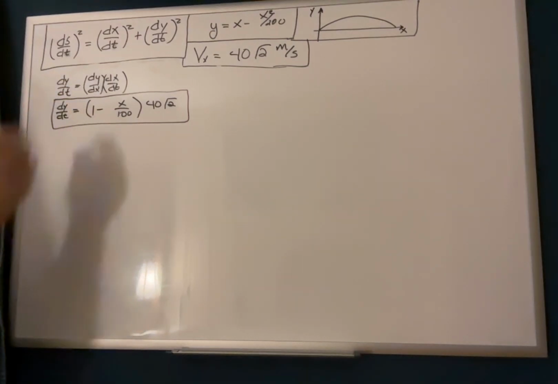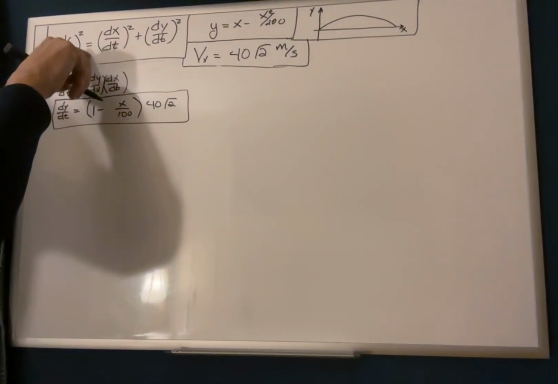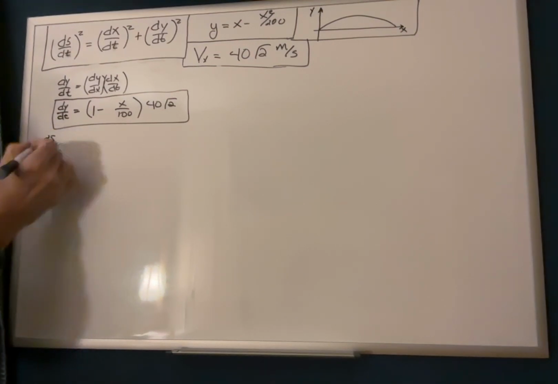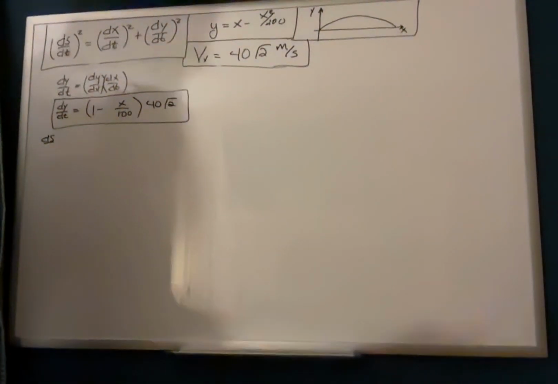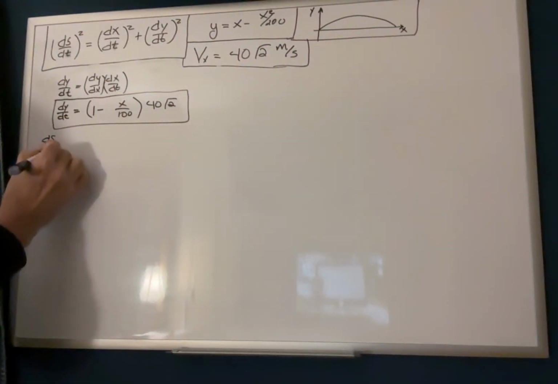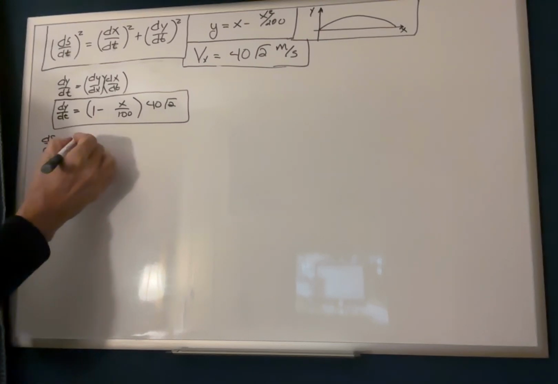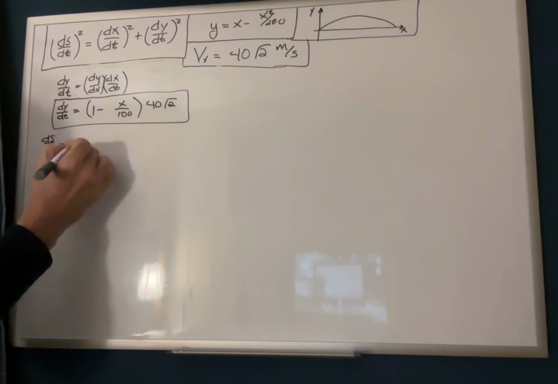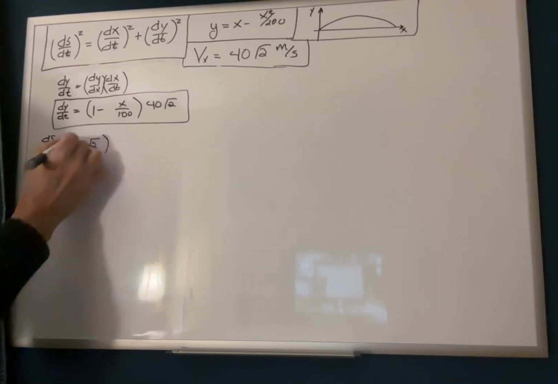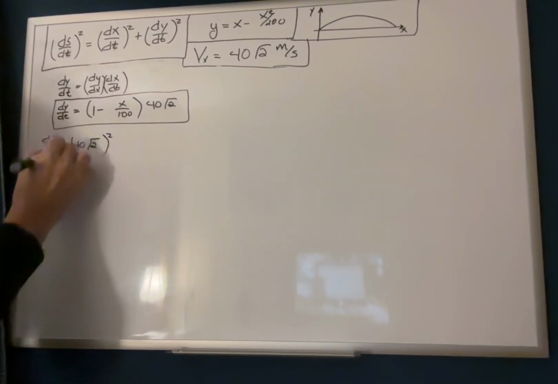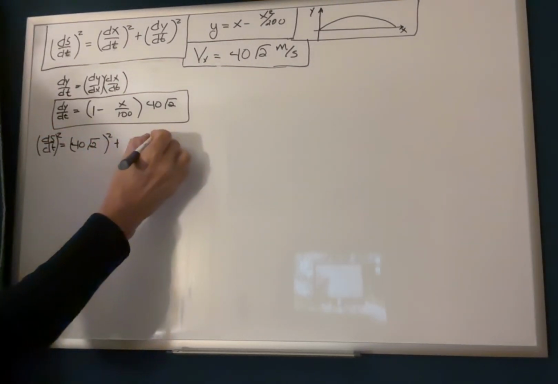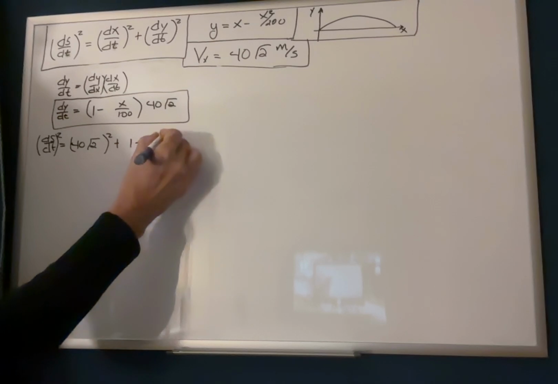And our dx/dt is over here. So let's plug this into this equation and see what we get. So we have ds/dt is going to be equal to 40 times the square root of 2, and we're going to square that, plus 1 minus x divided by 100.